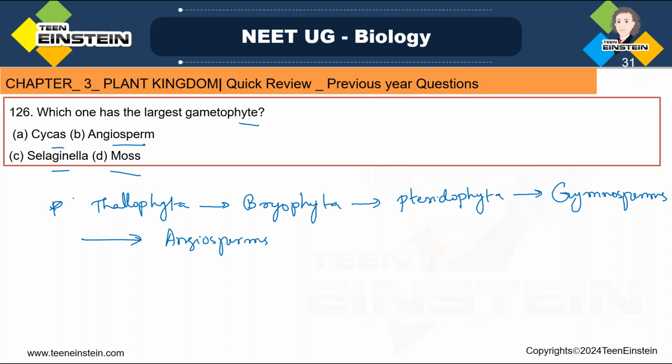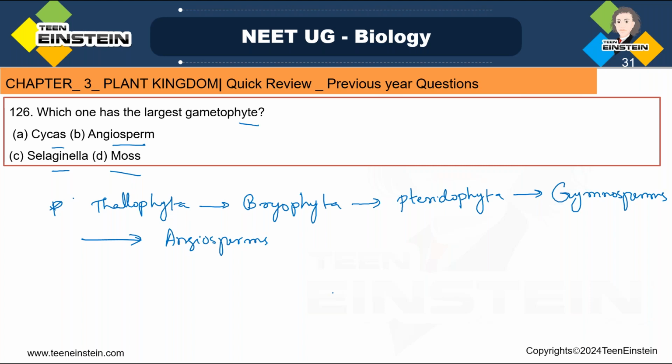So this shows the evolved features or advanced characters when we are moving from thallophyta, bryophyta, pteridophyta, gymnosperms, and finally when we reach angiosperms, we can see advanced features, right? So there is a reduction in the gametophyte and elaboration of the sporophyte.